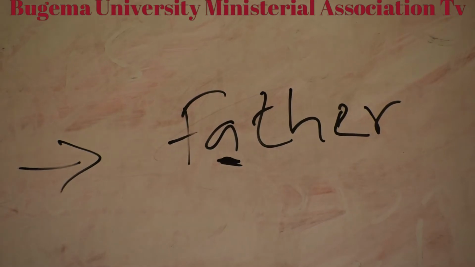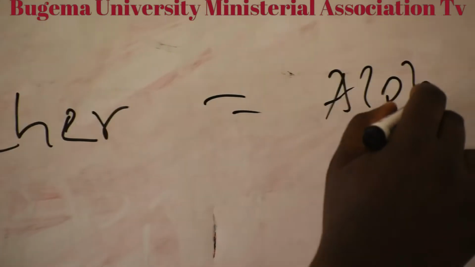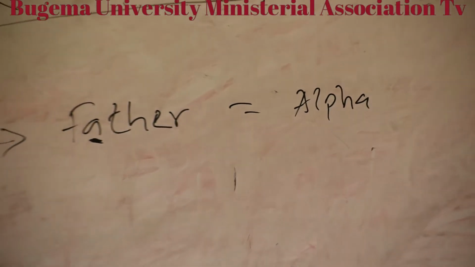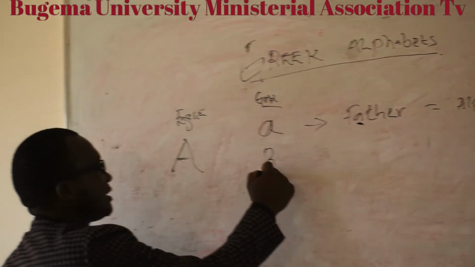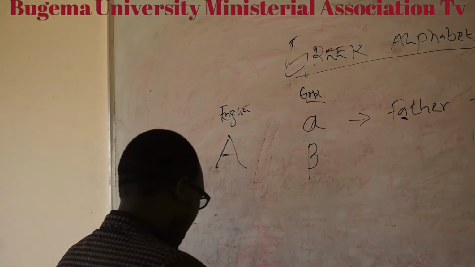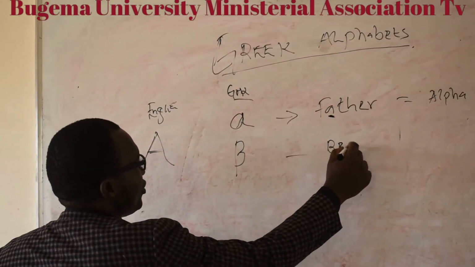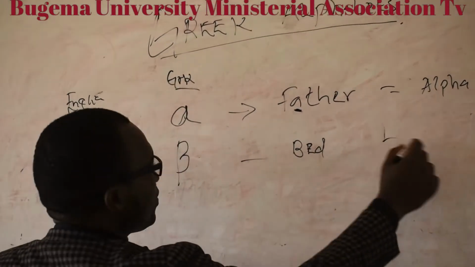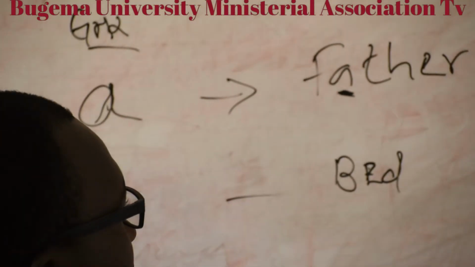The first Greek alphabet is known as Alpha. So this time, the first letter of Greek, you will say Alpha. The second letter is written like that one. When you pronounce it, you will pronounce it as bed. But in the Greek way, it is known as beta.